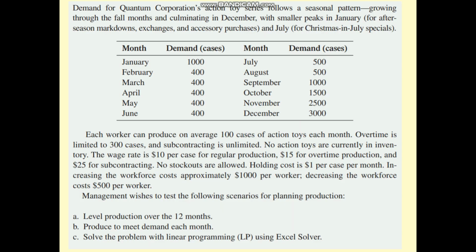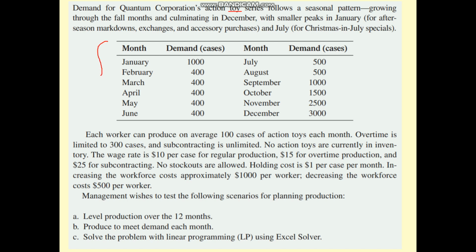Okay, so I will give you this example. Let's say this company, Quantum Corporation, a toy company, forecasts the demand for 12 months from January to December.